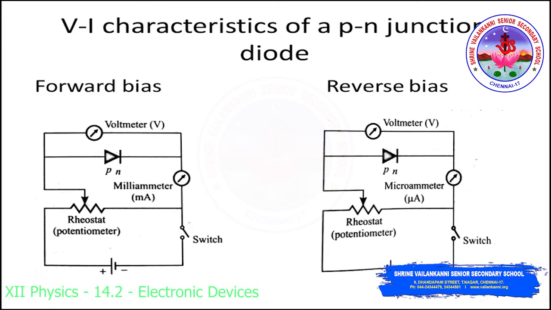What is the VI characteristics of the PN junction diode? As we said, we have to see the forward bias as well as the reverse bias. The forward bias circuit you are seeing on the screen. We have to do the experimental arrangement, and if you refer to the practical of the PN junction video in our physics series, you may get a clear idea about how to set up the PN junction in forward bias and reverse bias.